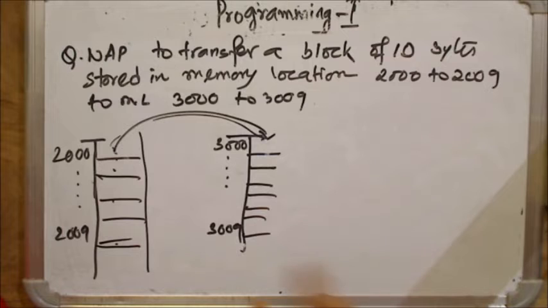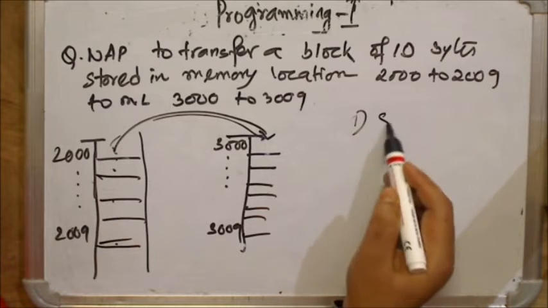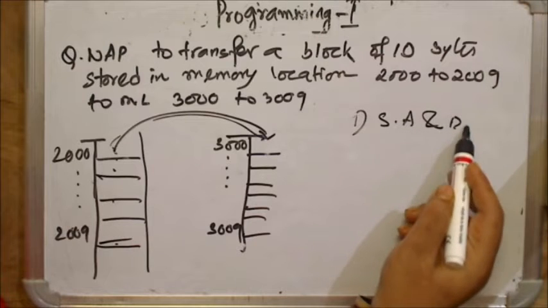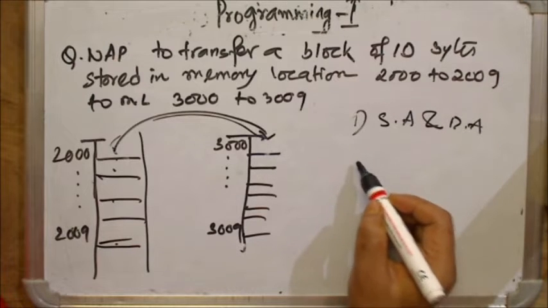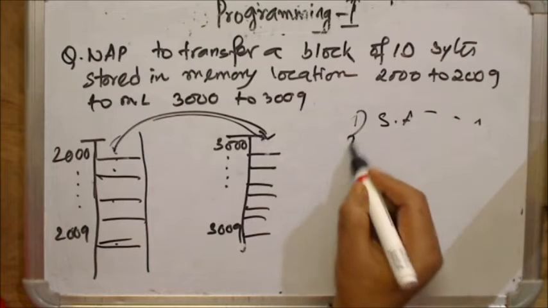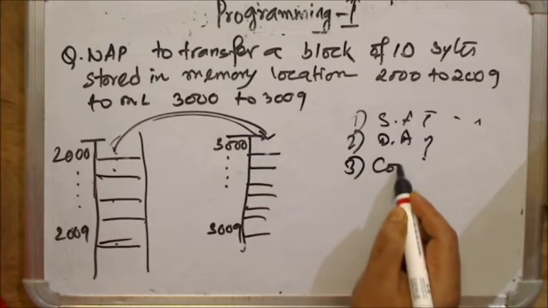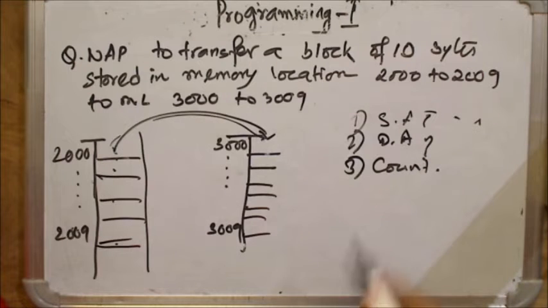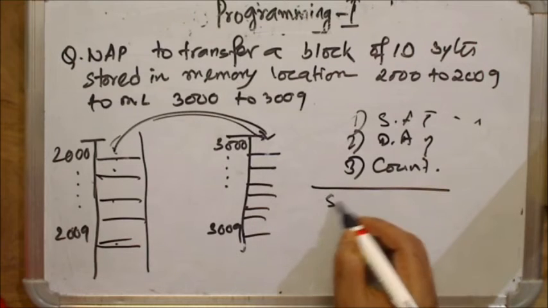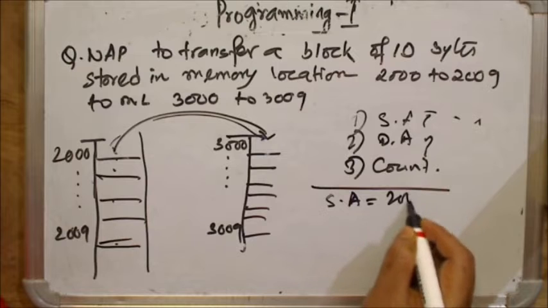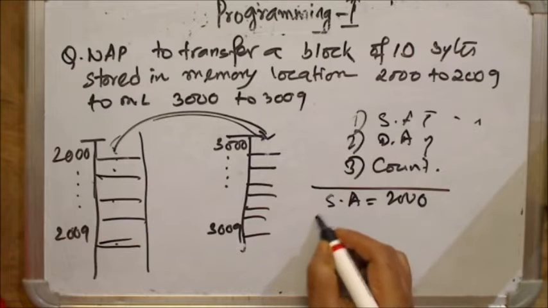Now the three things you have to realize while doing the program are: what is the source address, what is the destination address, and what is the count. Here, the source address is 2000, right?